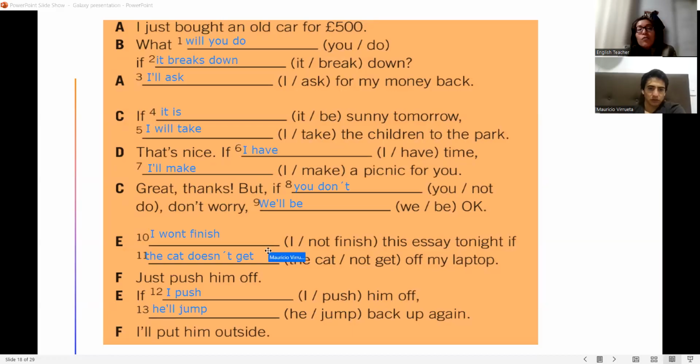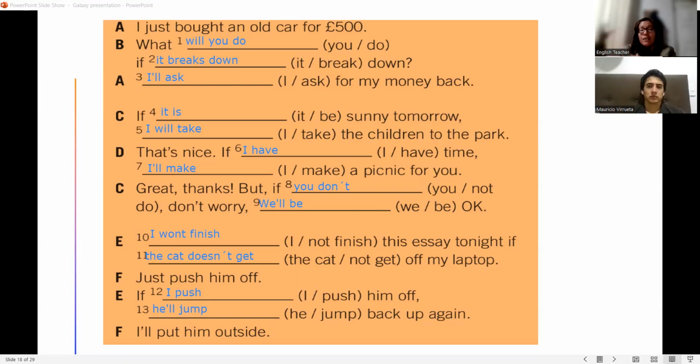Yes. So remember that is the idea. The idea is that you have to decide when to use the zero and when to use the first conditional. Remember, if it's your routine, if there is a rule at your work, if there is a rule at home, if there is a rule in a place that you are, you have to use the zero conditional because it's a fact, or if it's a habit.